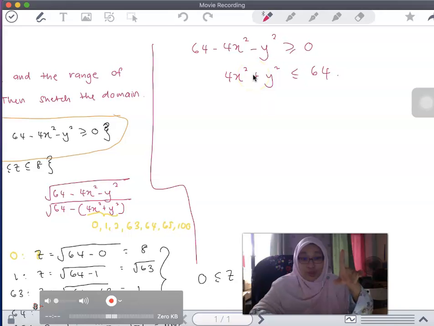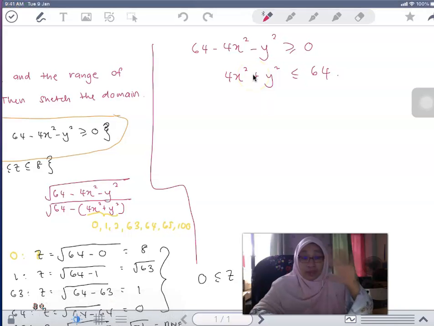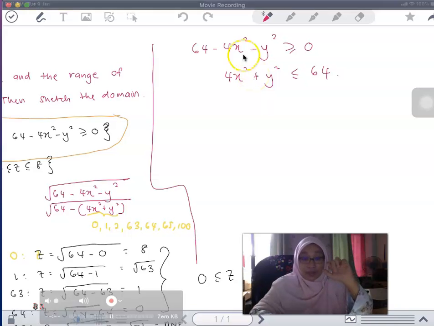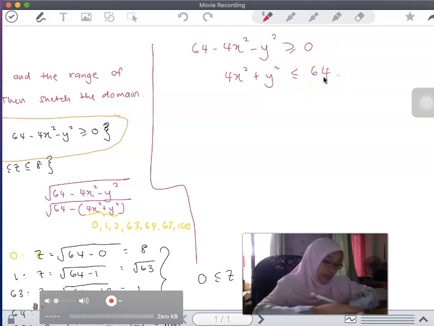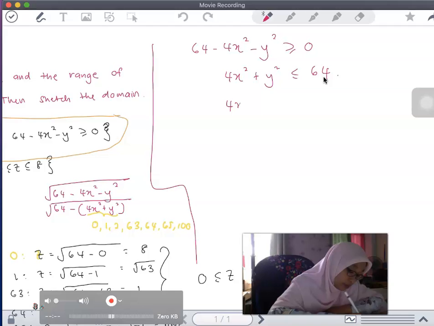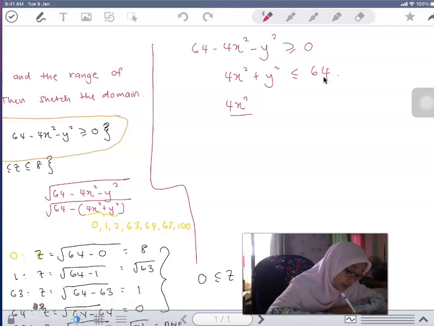But you have to remember we have another one, the ellipse. So an ellipse is just like a circle, but the constants here are different. So it looks like we can have an ellipse, but for the ellipse equation, this one should be equal to 1. Then you have to modify. So 4x squared divided by 64 plus y squared divided by 64, it turned out to be 1.